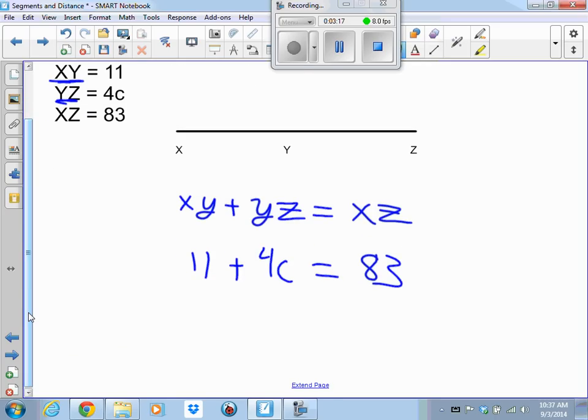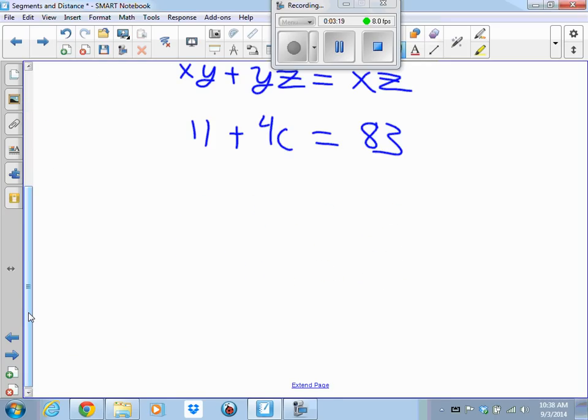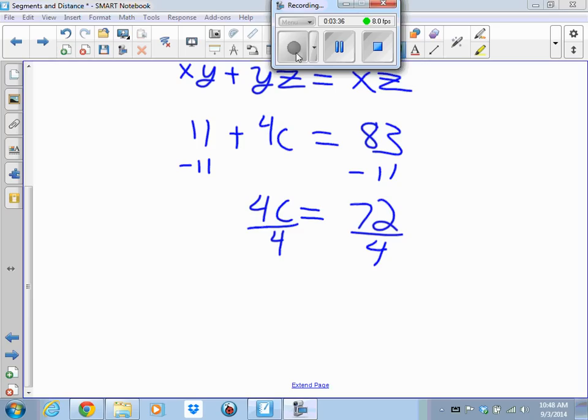Now it becomes a solving equation. So here we're going to subtract 11 on both sides. 4c equals 72. All right, so c equals 18.